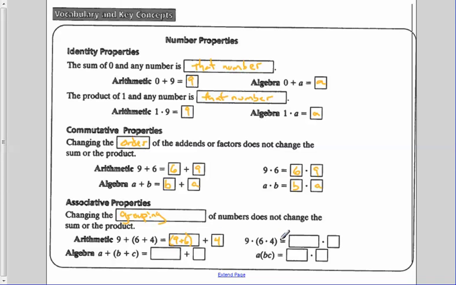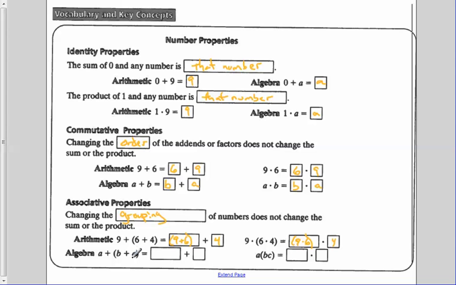And the same idea goes with our multiplication. 9 times, and then in parentheses, 6 times 4 could just be the same as in parentheses, 9 times 6. Let me write that so that the multiplication sign looks like it's actually part of it, not a decimal. So 9 times 6 times 4 in parentheses is just like saying in parentheses 9 times 6 times 4, which is outside of it.